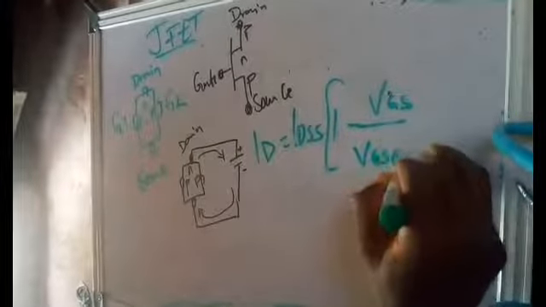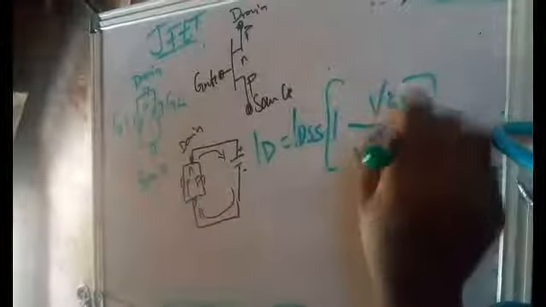So now let us get acquainted with the drain current formula. We say the drain current formula can be presented as ID equals IDSS open bracket 1 minus VGS over VGS(off) close bracket, where VGS(off) is the off voltage.